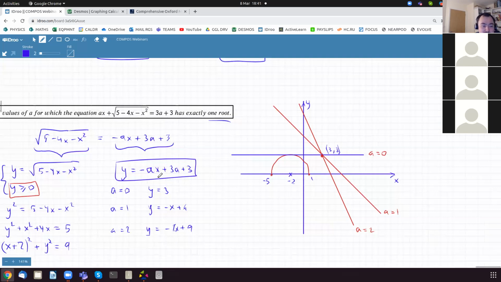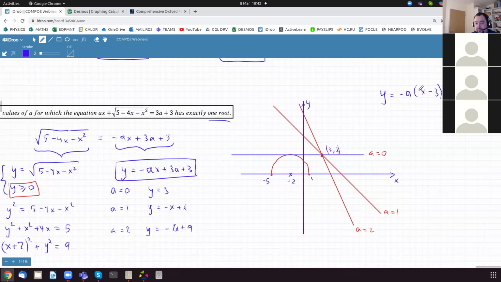It's just how to prove that it goes through that point. Well, you can write it as y equals minus a times (x minus 3) plus 3. So you can see it's a straight line which is shifted to the right by 3 and up by 3.